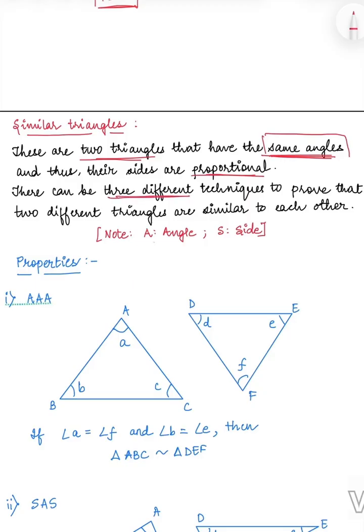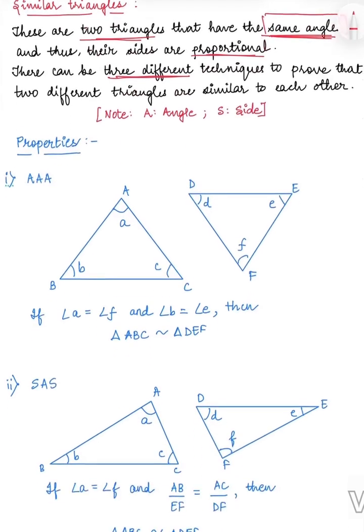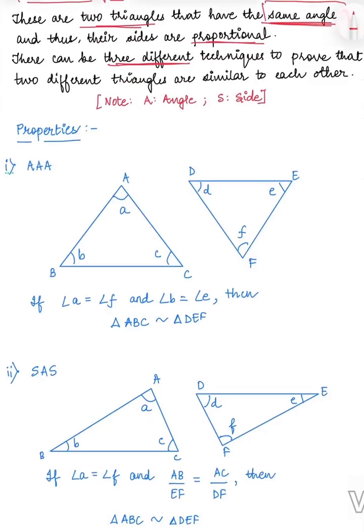So the first thing is, I have written A means angle and S means side. So the first property is AAA. So over here this means that all 3 angles of 2 different triangles must be equal to each other.